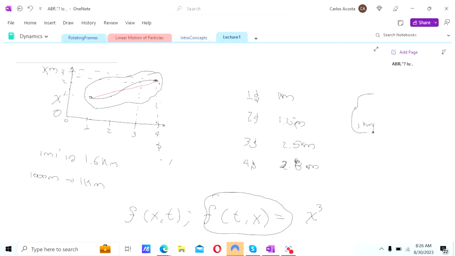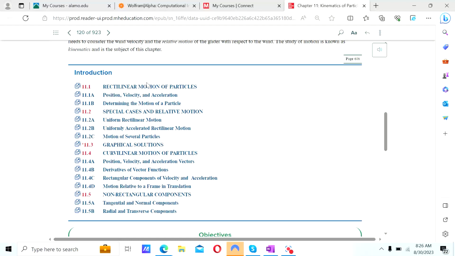All right. So going back to what we're going to go for. Under rectilinear motion, we're going to learn how position, which is the x variable that I was mentioning, velocity and acceleration relate. By now we know that velocity is the derivative of position and acceleration is the derivative of velocity. We're going to determine the motion with respect to the coordinate system. We're going to mention some special cases.